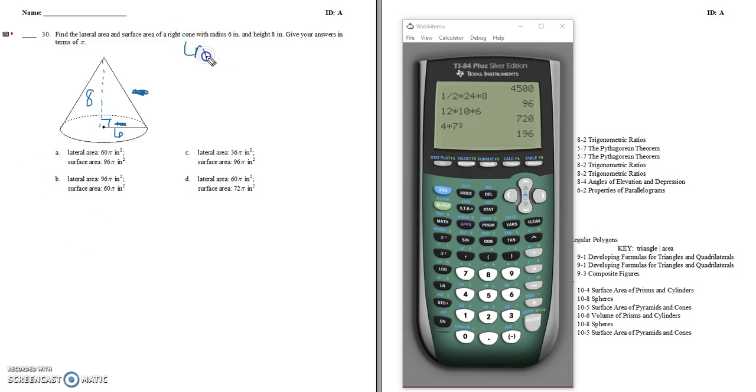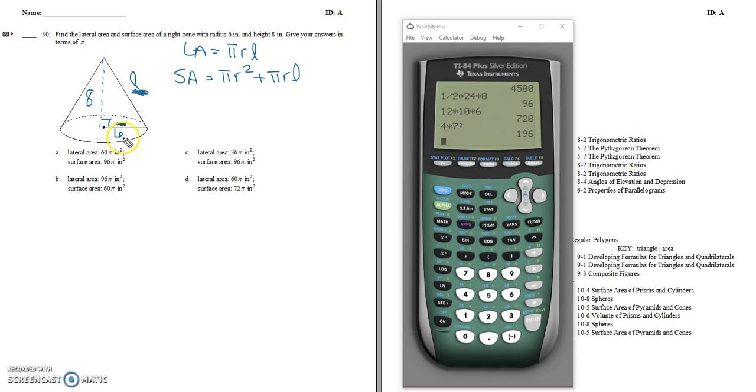And our lateral area is going to be pi r L, which is the slant height. And surface area is going to be pi r squared plus pi r L. Now we don't have L. This number would represent L, but we do have a right triangle, which means we can use Pythagorean theorem.